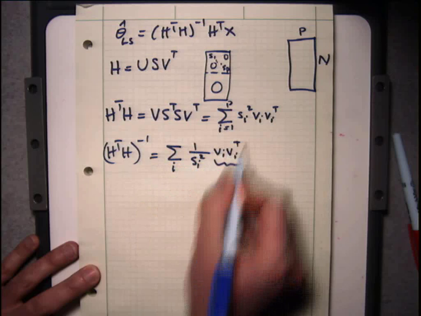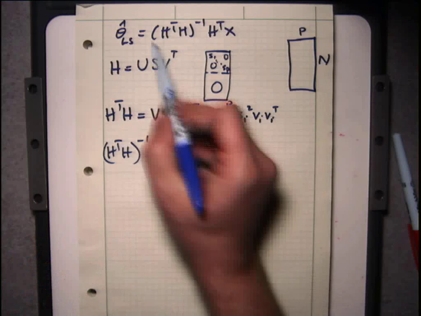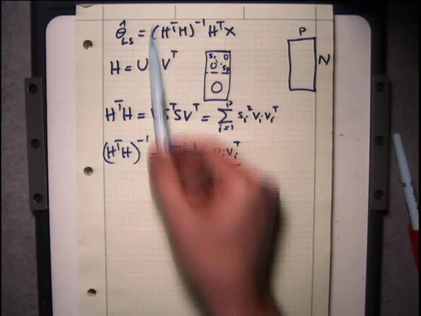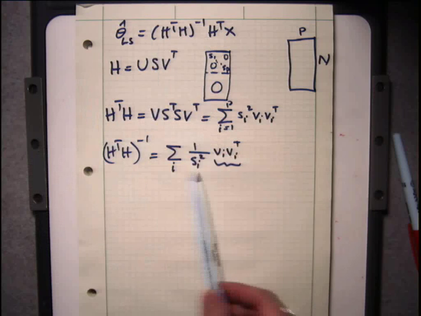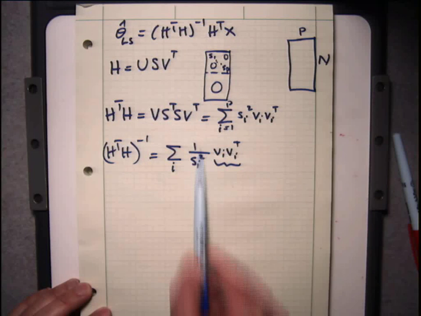And remember, these are rank 1 matrices that you're adding together, right? Okay. So if you look at this solution, the place where this solution gives you trouble are places where S_i's are close to 0, right? So if you have a singular value that is really close to 0, it's going to get magnified by doing this 1 over S squared.